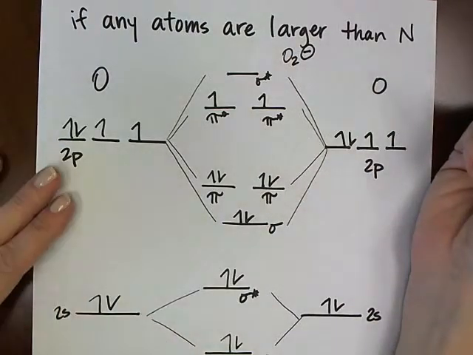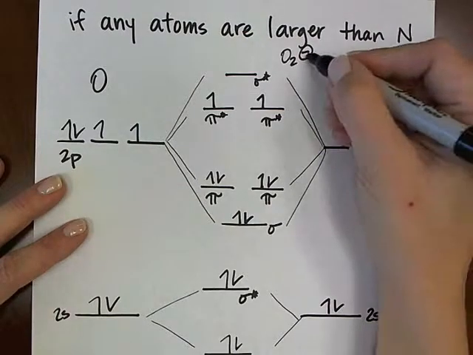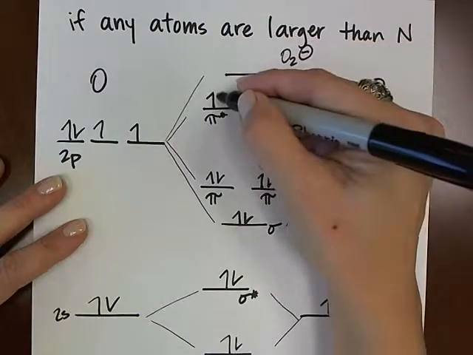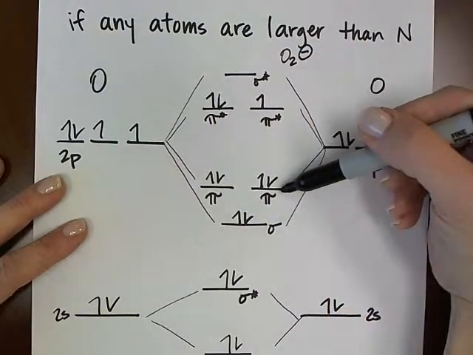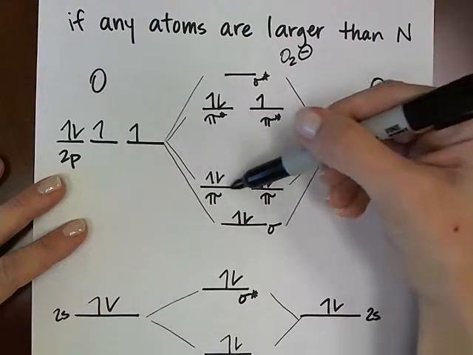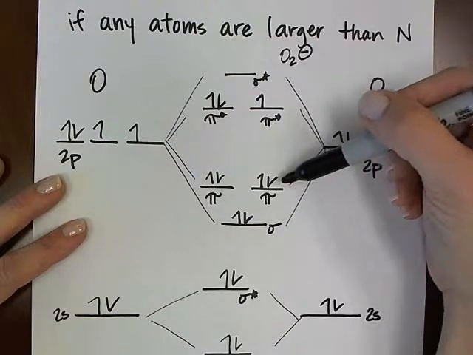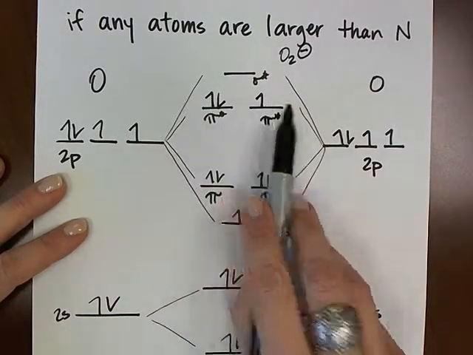This would be the correct orbital diagram for O2. I'm going to add an additional electron because I'm looking at O2 minus. And it goes here. So when you have pairs of orbitals that are the same energy, you do one at a time before you double up. All right, so I should have 9 electrons here. 2, 4, 6, 8, 9.